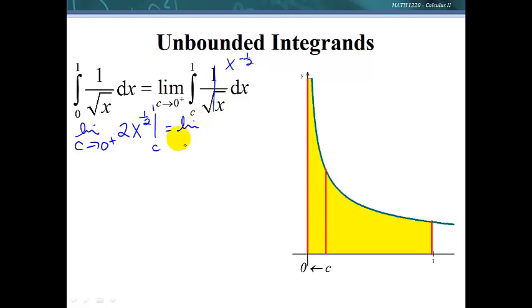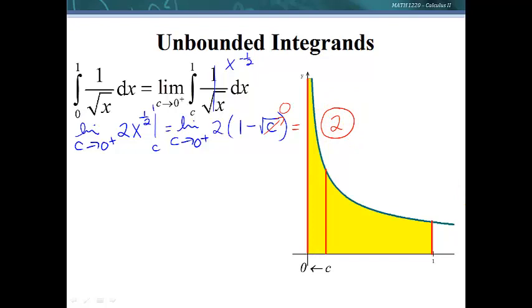So this is the limit as c approaches 0 from the right hand side of 2 times 1 to the 1/2, so that's just 1, minus square root of c, because that's c to the 1/2. Now as we let c approach 0 from the right hand side, this is going to go to 0, and so we get our value, which is 2.